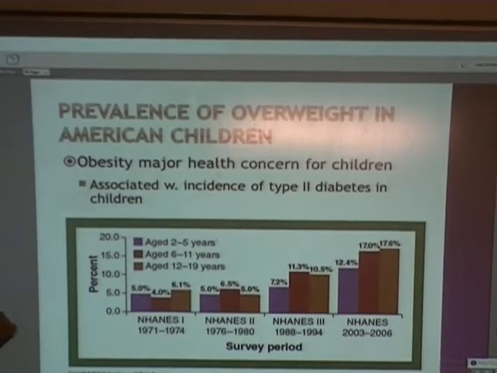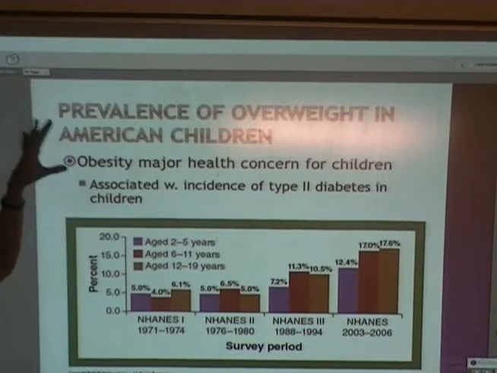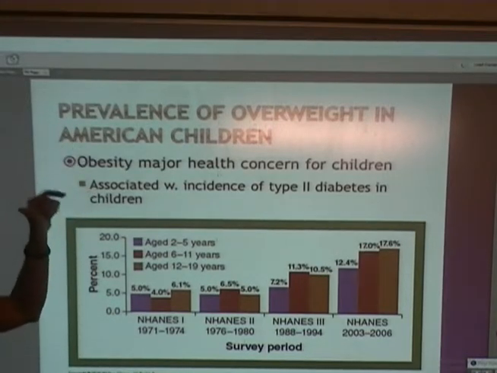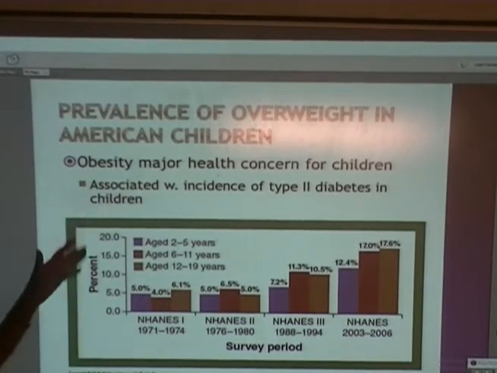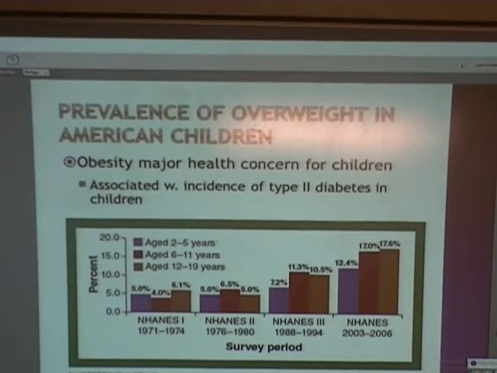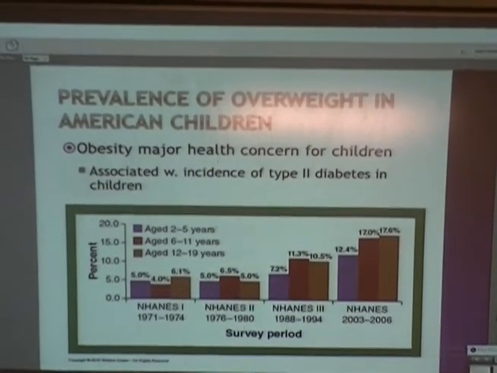So things are so bad, they've actually had to clinically define metabolic syndrome for 10, 11, 12, 13, 14, 15-year-olds. 16 and above are counted as adults. That's appalling. That is appalling.